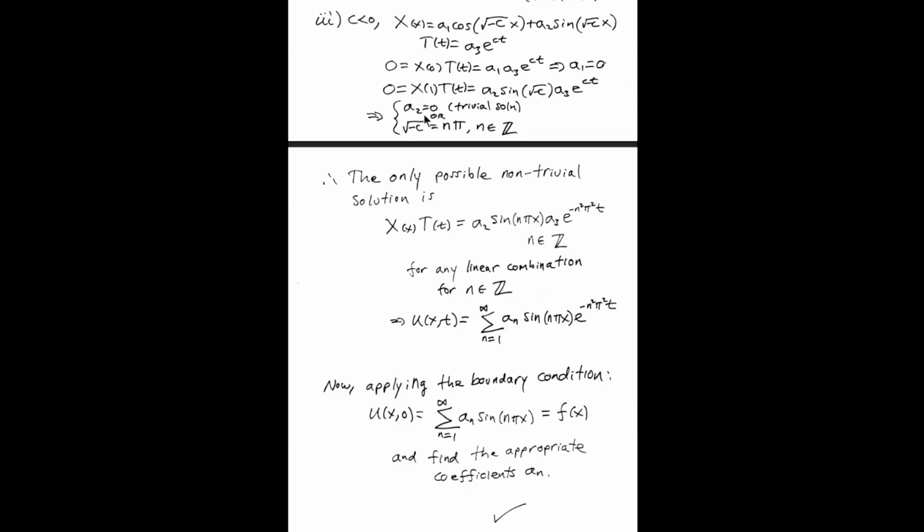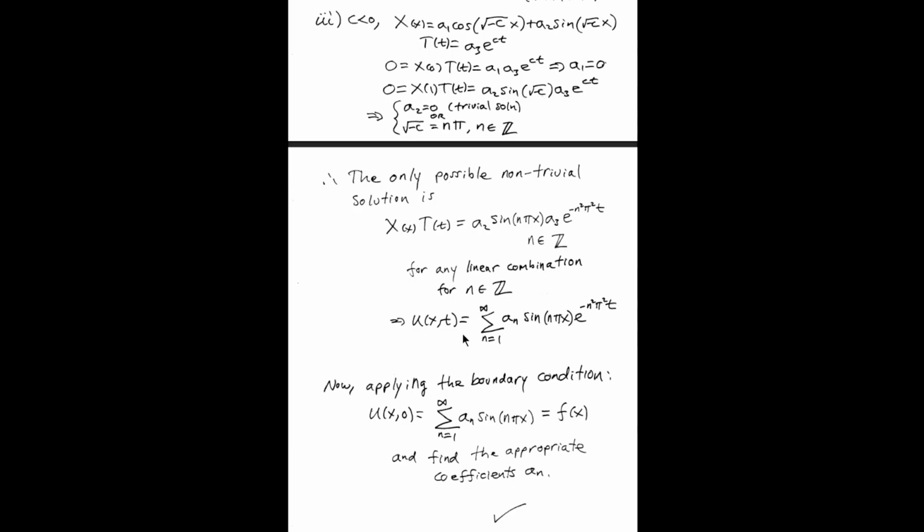Just solving square root of minus c equals n pi, you square both sides, take the minus sign, and you get c equals minus n squared pi squared. Now this is true for any n in Z and for any linear combination for n in Z, which implies, finally, our u of x, t equals, and we can combine the negative n's with the positive n's, and we can eliminate n equals 0 because the sine will be 0 there.